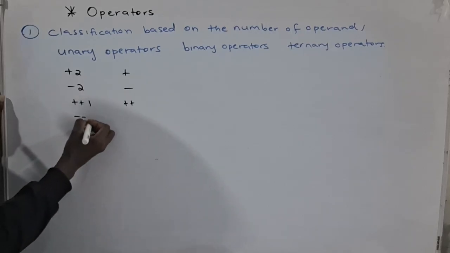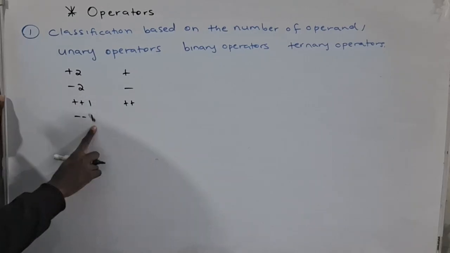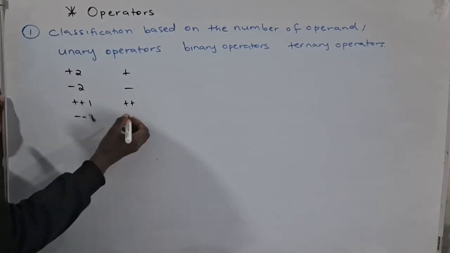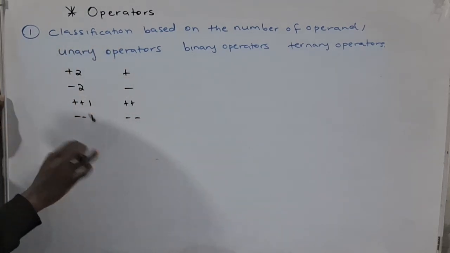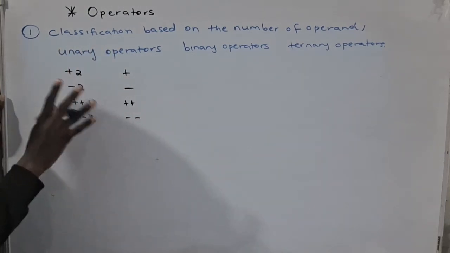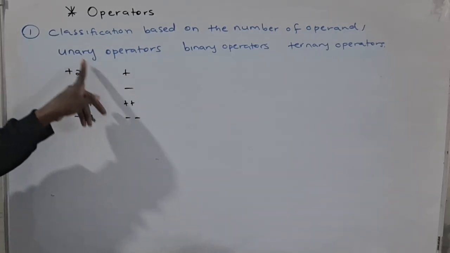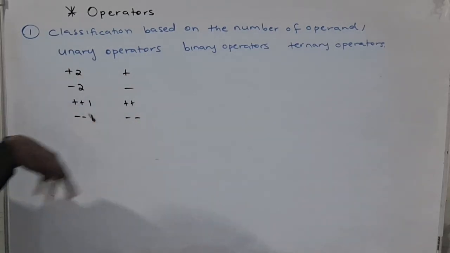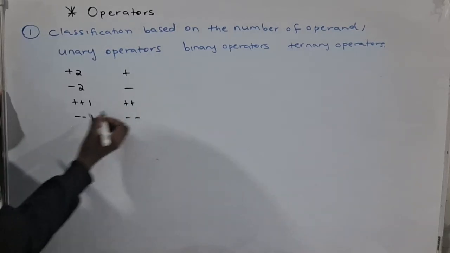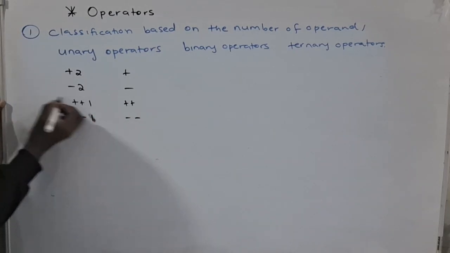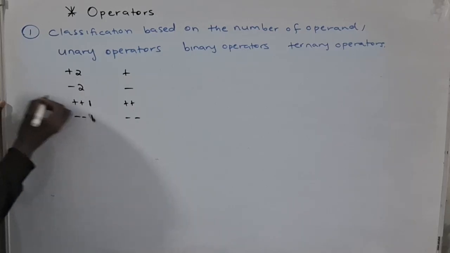If you say minus minus 1 again, what is the meaning of this? This simply means negative negative is a unary operator, because there is only one operand. So this positive is a unary operator, this negative is a unary operator, and plus plus before a number is called pre-increment.